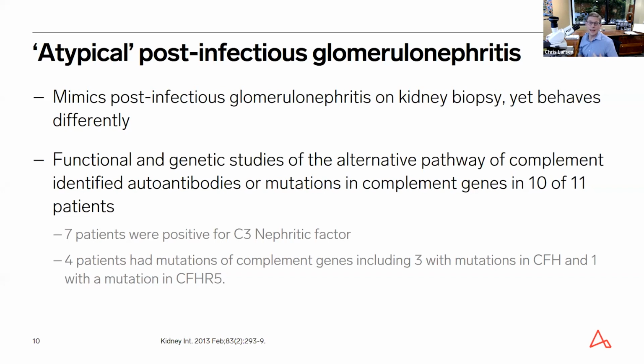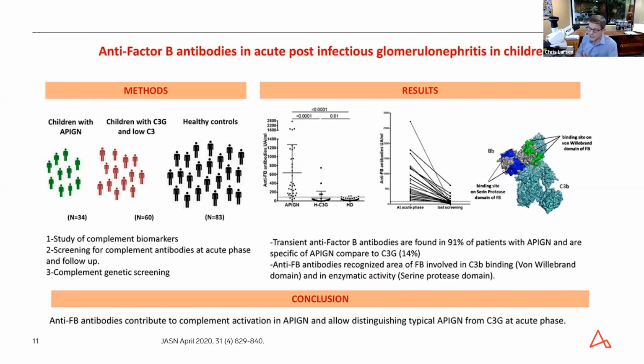It could also be antibodies. It could be more of an autoimmune disease where you have antibodies to different factors within the complement cascade, or antibodies to C3 convertase, so-called C3 nephritic factors. And I'll just finish this section with this recent study.